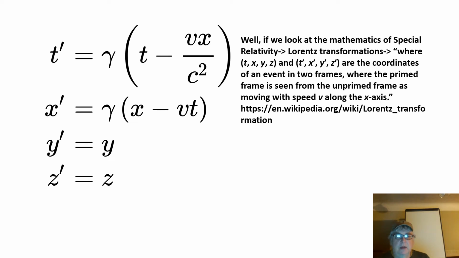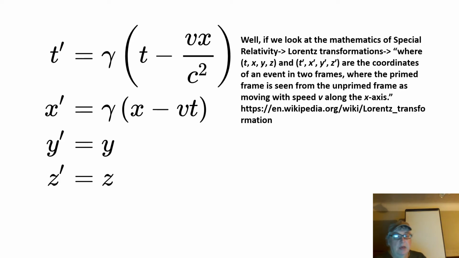Right, these are the Lorentz transformations, the usual maths that are used in special relativity, and you have coordinates t, x, y and z, and also the coordinates t prime, x prime, y prime and z prime. Special relativity deals a lot with how you connect these things.